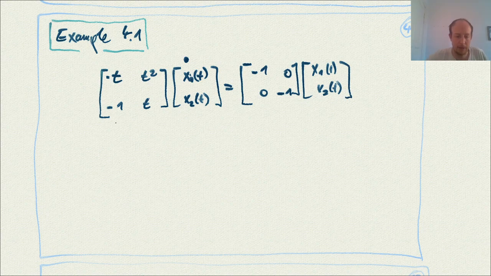So we consider this DAE. Here we have this matrix E(t), this is this matrix A(t).